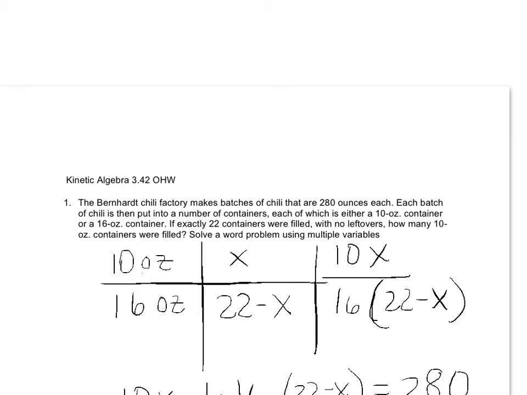And we're going to solve a word problem using multiple variables. Now, when I think of multiple variables, I would think that we would be using, say, x and y, and it might look something like this. We might say that x number of 10-ounce containers plus y number of 16-ounce containers equals 22.